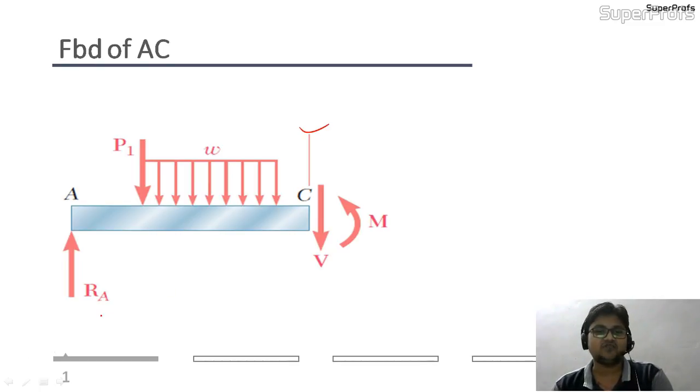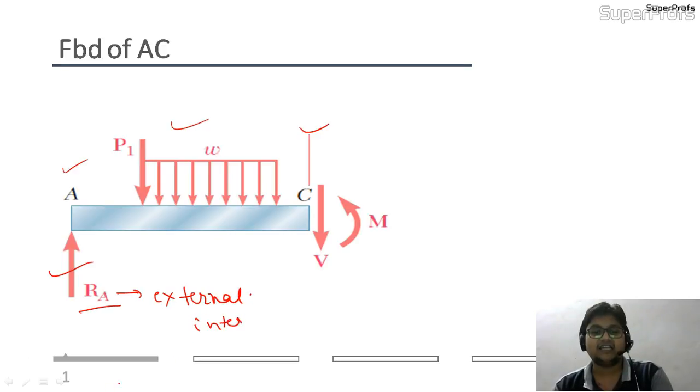So dear friends, this was always the external reaction that will be coming because of these loads. In the hinge A it will be always upward. Why upward? Because to balance these downward forces, upward force should come into picture. So again, mind it, this RA is nothing but the external reaction. It is not the internal reaction, dear friends.